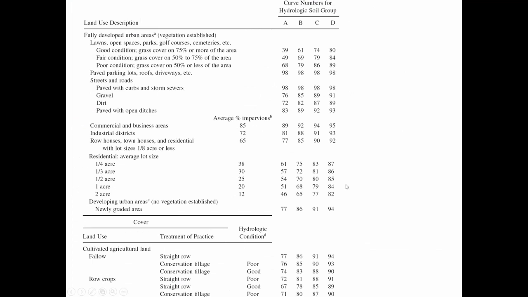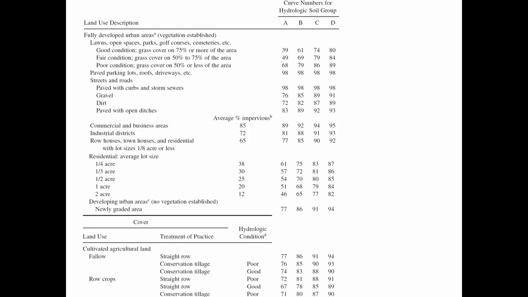we were starting in this example with residential land, quarter-acre lots on type B soil. 75 is the middle, but it could go from 56 to 87. So try and find something that's similar to 56. If we go to this table, 56 maybe would be like a 1/3 acre lot on type A soil, which is pretty different conditions.